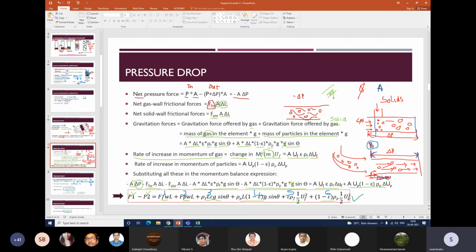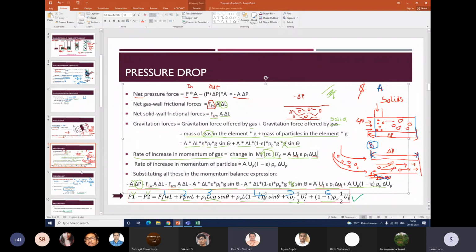We are not giving any additional energy for the acceleration. Acceleration is rate of change of momentum, right? Whatever is coming, it got accelerated somewhere else. Here the fluid is coming from somewhere, right? It got accelerated already at some point of time. So we are not giving any additional energy at this point because we are measuring only the pressure drop from here to here. Hence, we are neglecting the 5 and 6 terms.